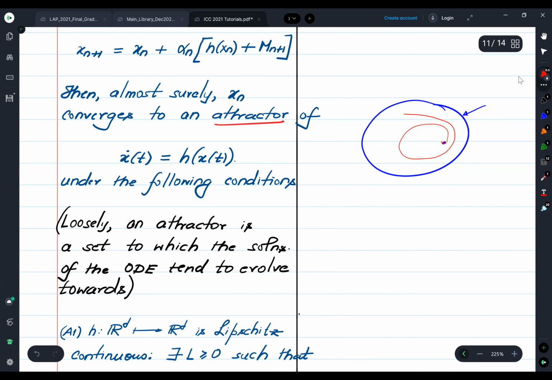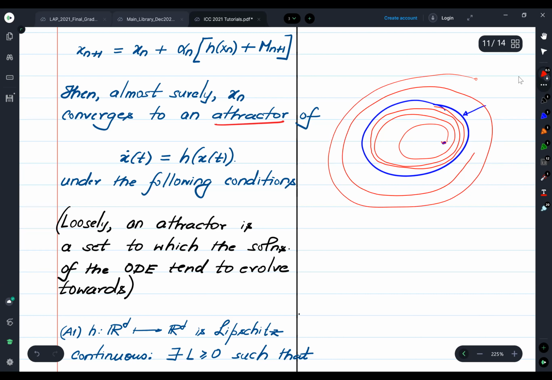maybe the solutions sort of converge to this circle that is there, or if you start the solution from outside, maybe the solutions will spiral towards this blue thing. Observe that for whatever initial point you choose, the solutions either go towards this blue circle from inside or from outside.